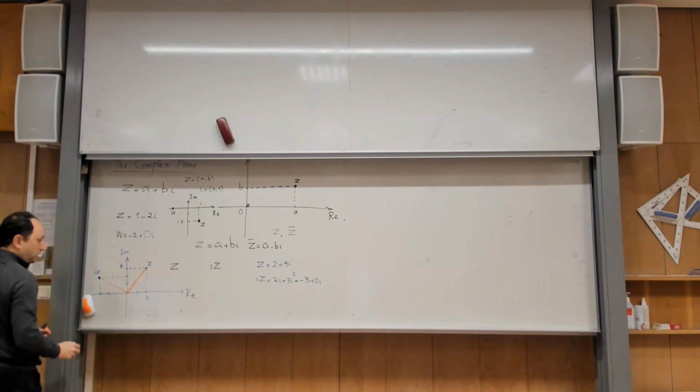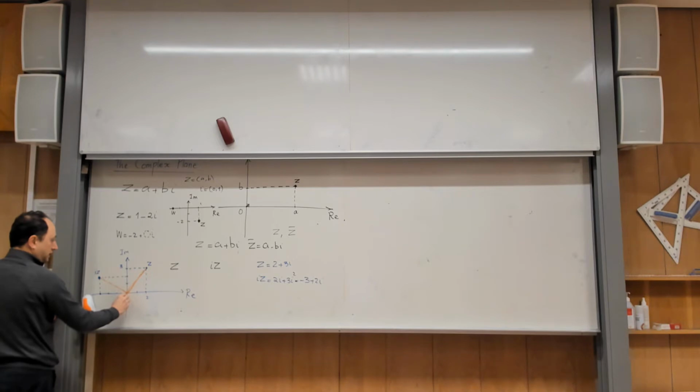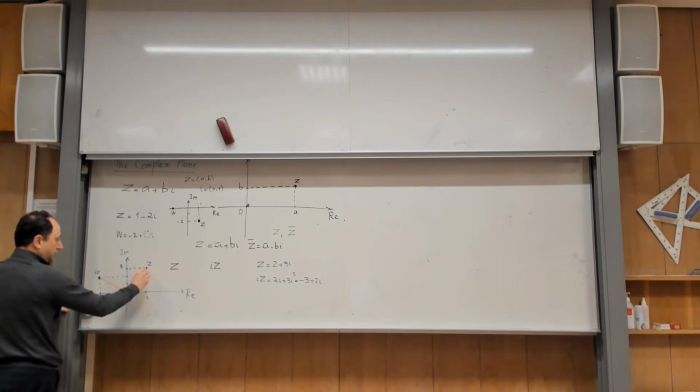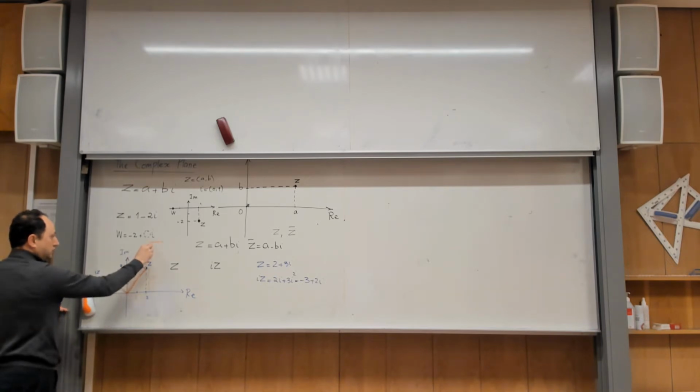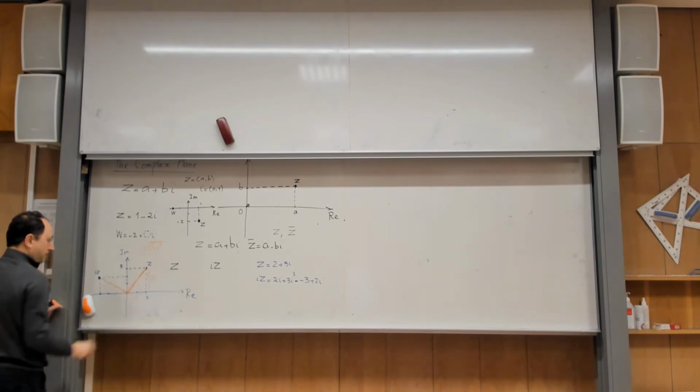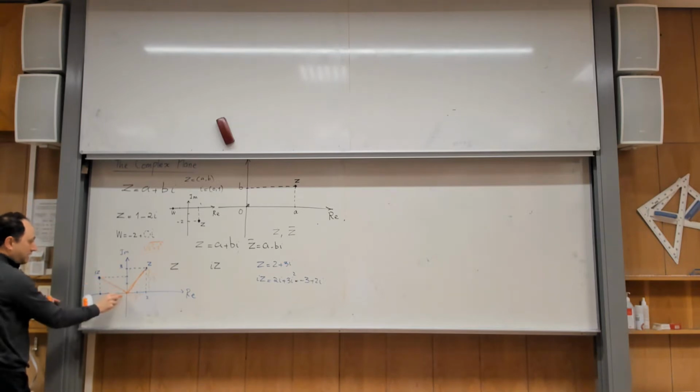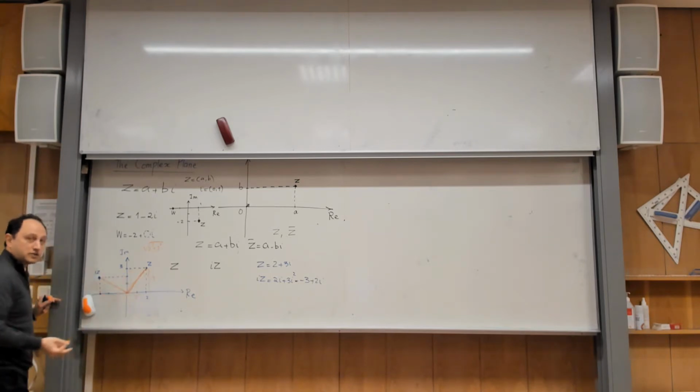Why? Because of the Pythagoras theorem, this is 2 units and this is 3 units. So this length is the square root of 2 squared plus 3 squared. And now this one is 3, this one is 2, and that would be the same thing. So the length here and the length there are the same.